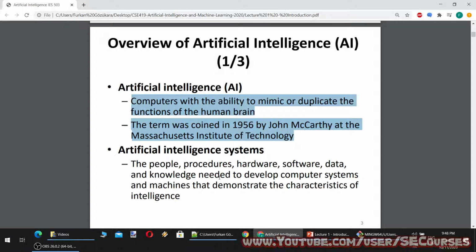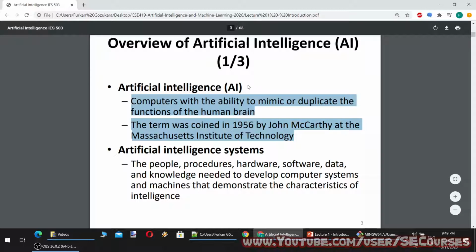You see, the history of artificial intelligence goes so far back. However, only recently it is becoming very popular. Do you know why? Because of the advancing libraries and the hardware. We will see them in the future lessons, what I mean. But its root goes back to 1956, which makes roughly 64 years. It is so old.